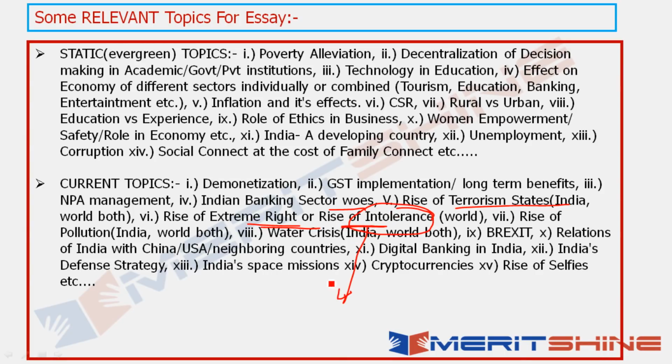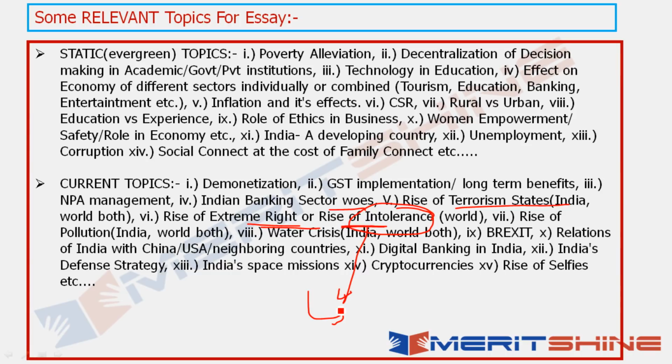These are linked: terrorism rises, there are refugees. Because refugees are rising, the original inhabitants of those areas feel very afraid of these refugees because they are taking up their jobs. So intolerance is also rising. So these are linked.